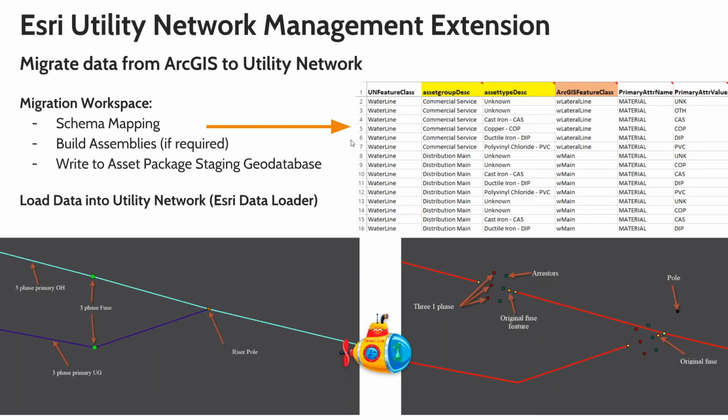And then there's an ESRI tool that you use to take that asset package and load it into the utility network database. We're also at the moment working on a new reader and writer for utility networks, which will essentially be similar to AGOL or portal readers and writers that use the utility network feature services to read and write those data sets, because that will be the only way that you can get data in or out of the utility network as things go forward.